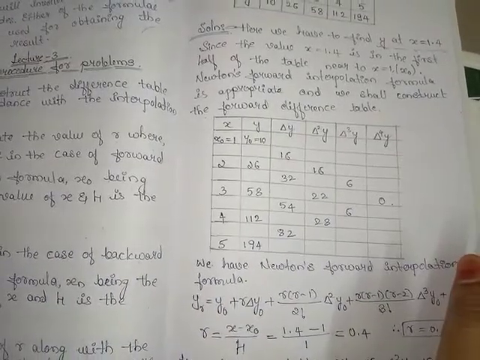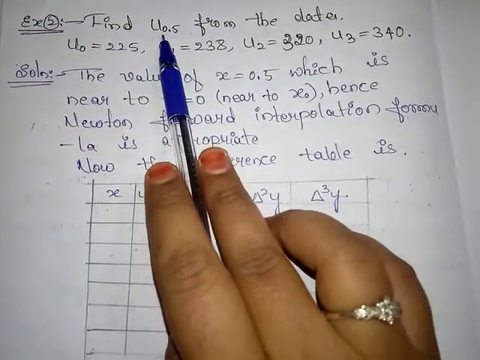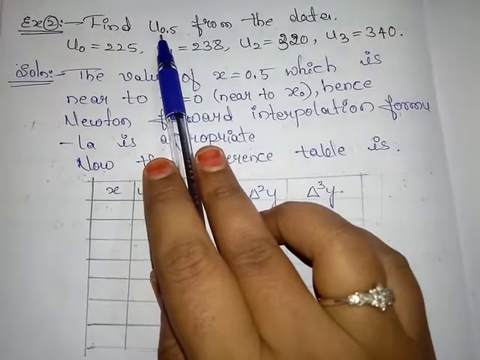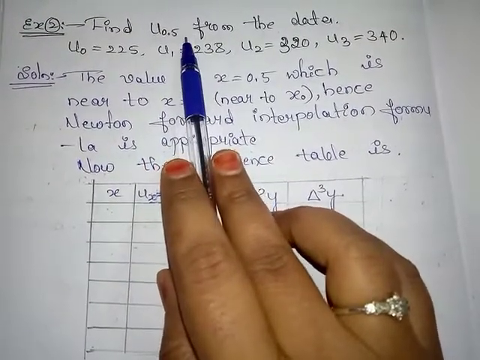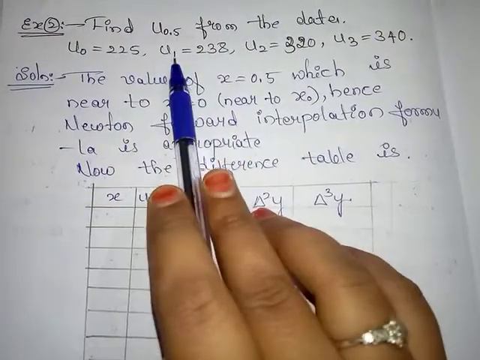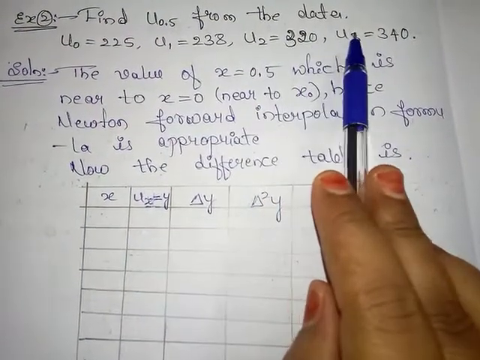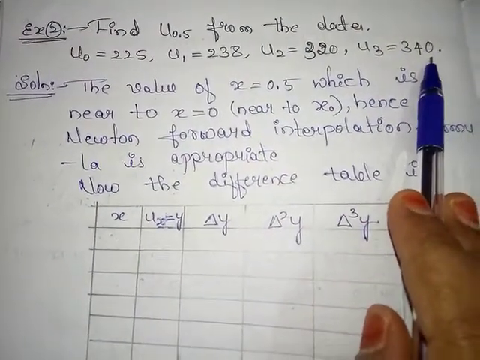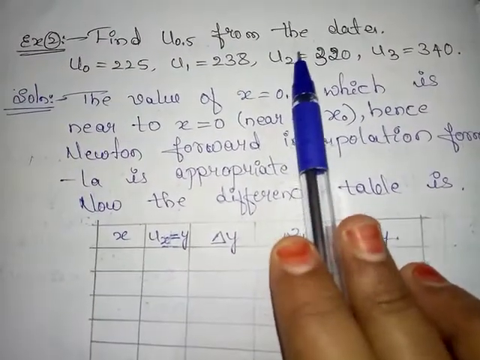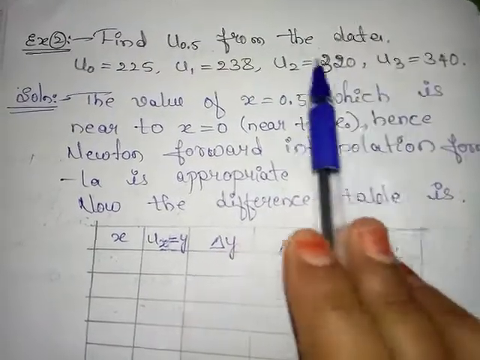Next example, second example: find u at 0.5, meaning the term at the 0.5th place from the data, where u0 is equal to 225, u1 is equal to 238, u2 is equal to 320, and u3 is equal to 340. Here the data is given in a different way. You have to understand what the values of x and what the values of y are.